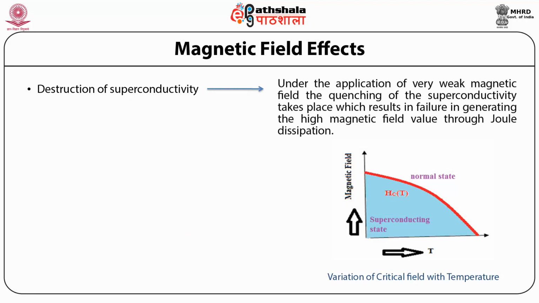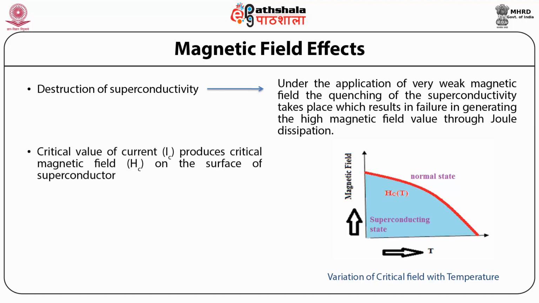Under the application of a weak magnetic field, the quenching of superconductivity takes place, which results in failure of generating a high magnetic field value through Joule dissipation. The critical value of this current produces a critical magnetic field Hc on the surface of the superconductor.